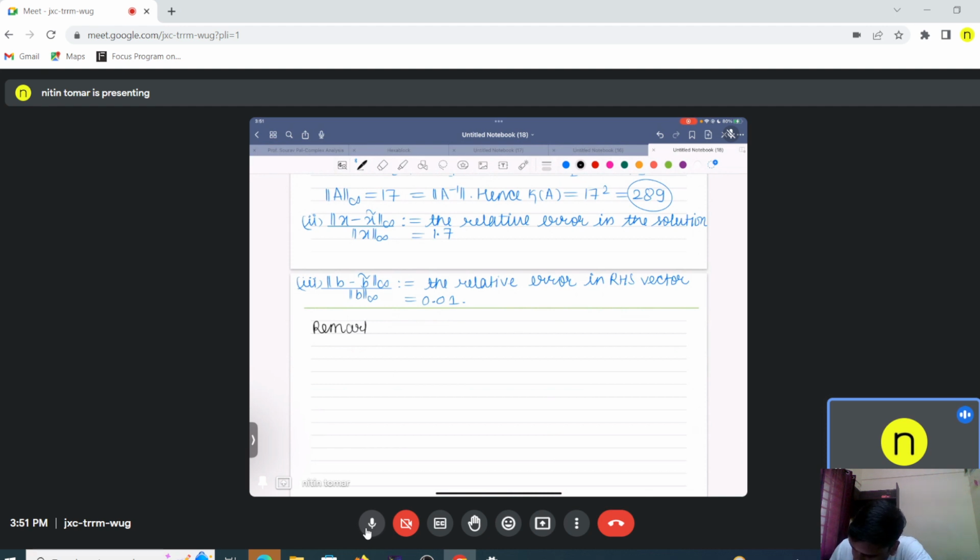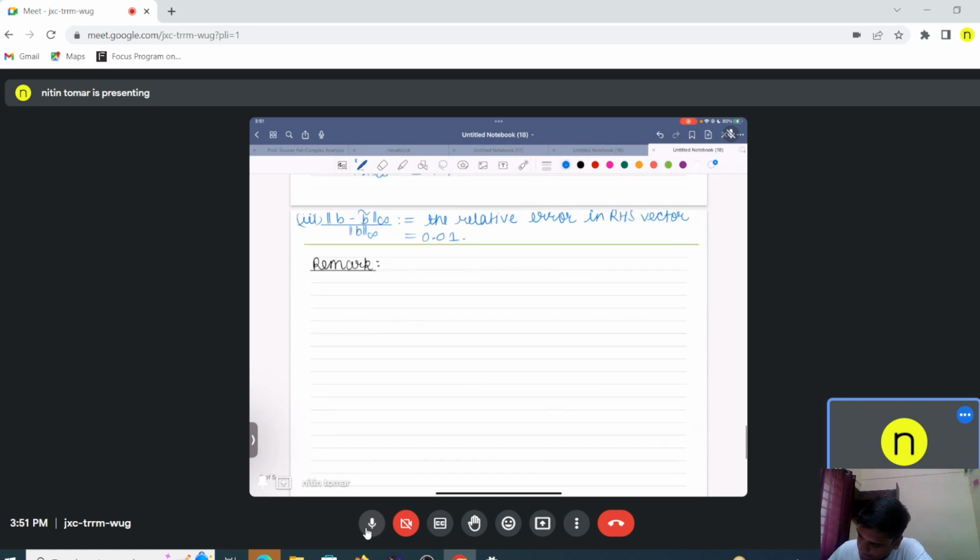A matrix with a large condition number is called ill conditioned.